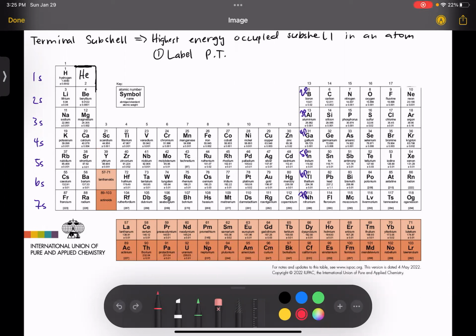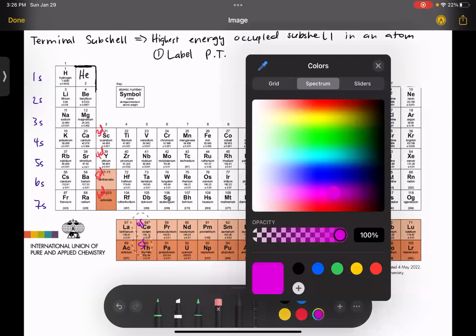Over here, I'm going to label this 3d, 4d, 5d, and 6d. And then down here, starting with cerium and thorium, I'm going to label this 4f and 5f. Let me change the colors over here too, just so they're a little bit easier to see.